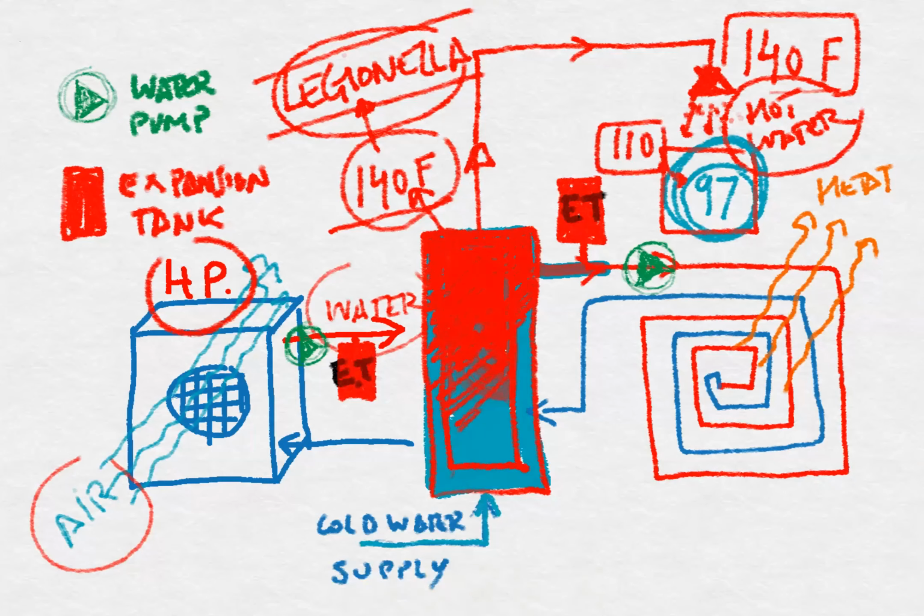Okay, so that makes sense. But if we just open the hot water without opening the cold water, the temperature should be around 140, because we need to kill this Legionella.